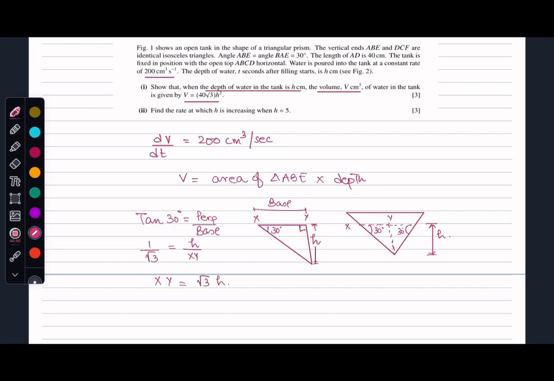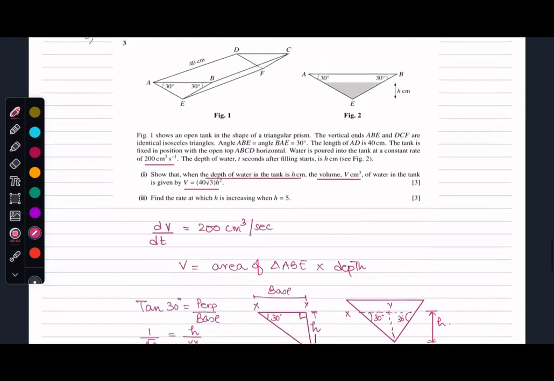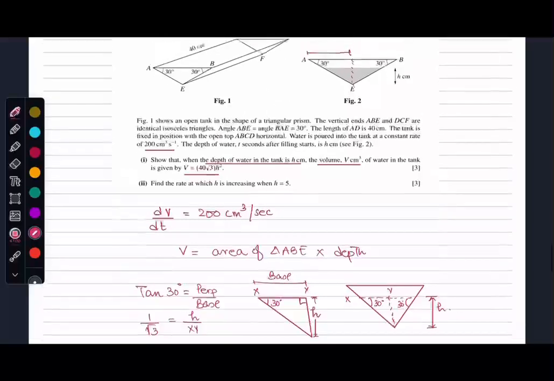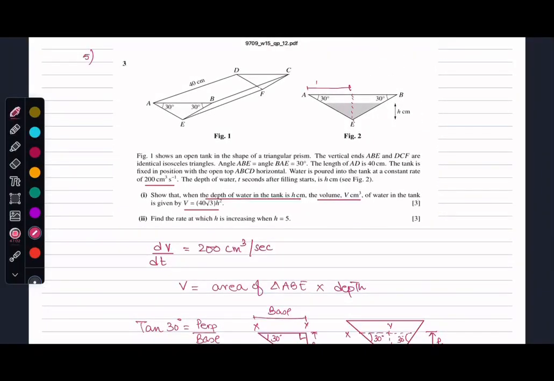So if I need to have the complete area of this triangle, then what I have obtained is, from the middle, this length in terms of h, which is going to be square root of 3h.